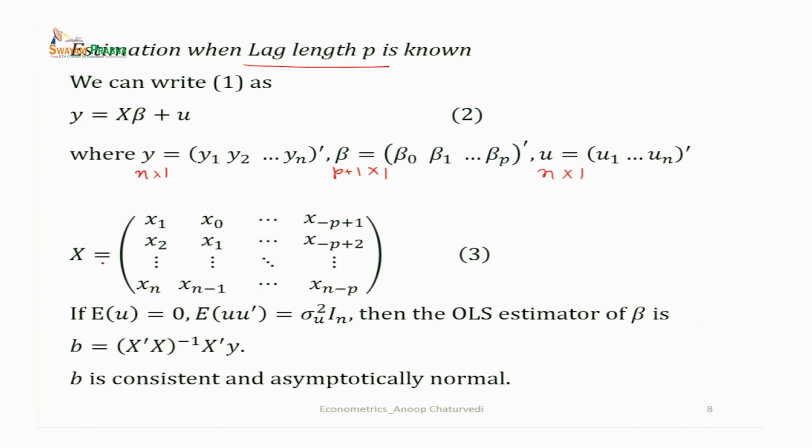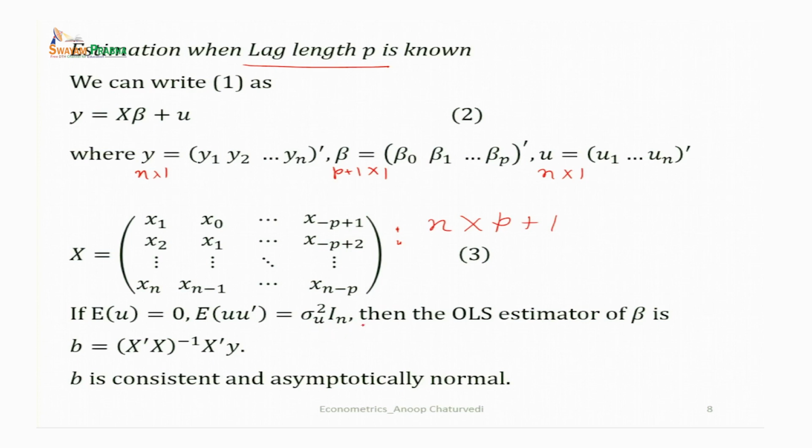And then we define capital X as having columns x_1, x_2, ..., x_n, that is, x_0, x_1, and so on up to x_{n-1}, and so on, x_{-p+1}, x_{-p+2}, and so on, x_{n-p}. Actually, it is an n cross p plus 1 matrix. And we assume that expectation of u is equal to 0, expectation of u u transpose is equal to sigma square_u I_n.